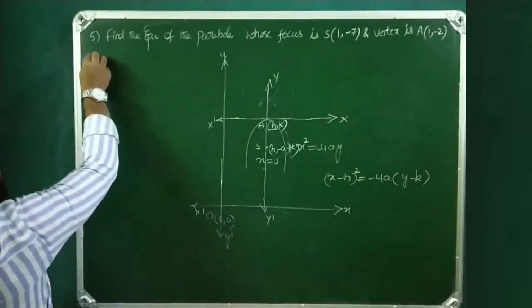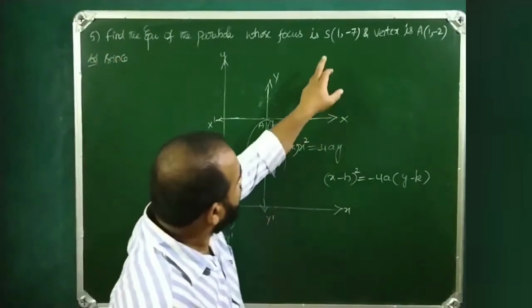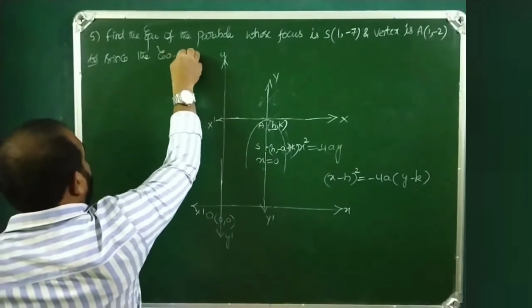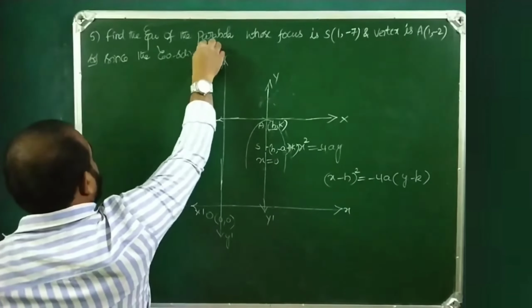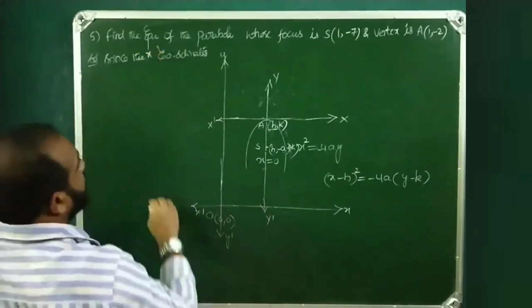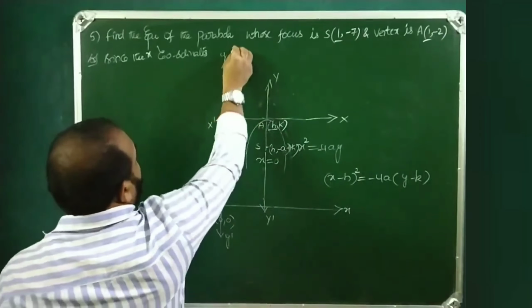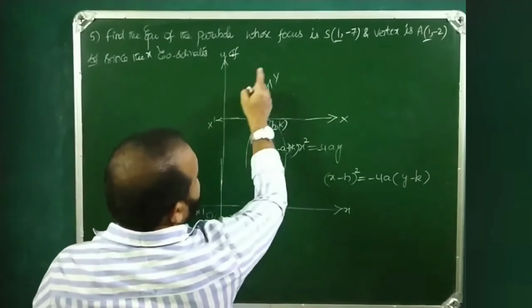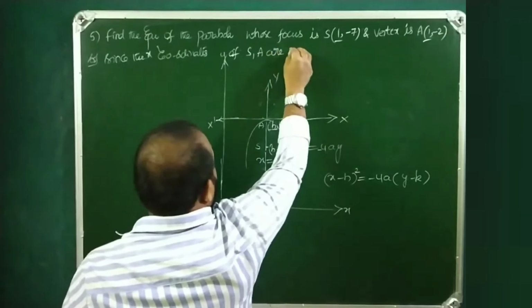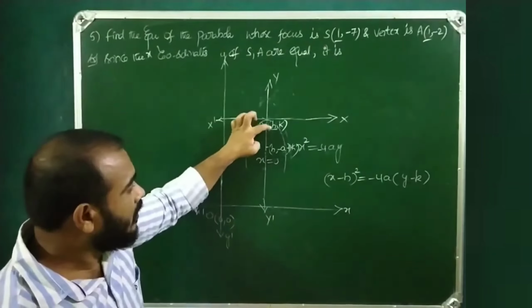Now solution, since the x coordinates of the focus and vertex S comma A are equal, it is h.